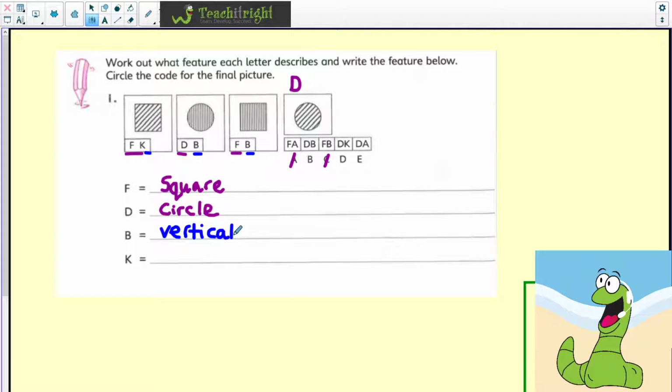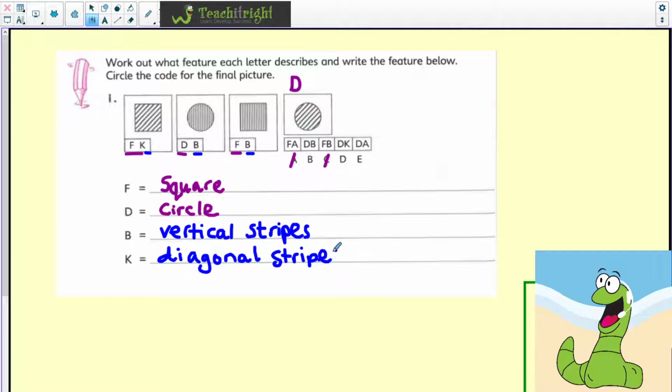Now, we could put it down as vertical stripes, or we could use the word lines, but we're going to put vertical stripes down on our line. So that's vertical lines. And what about the K then? Well, that's going to be diagonal lines, or diagonal stripes if you like.